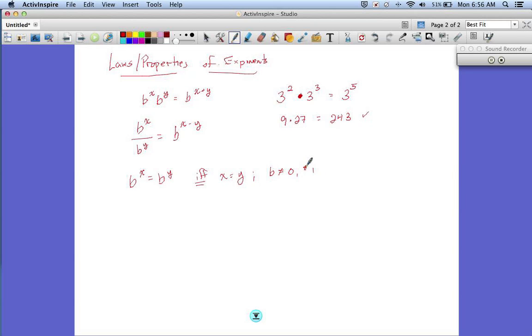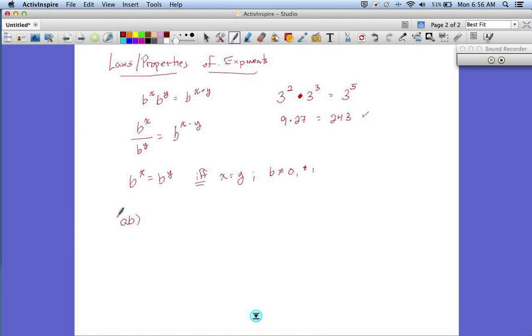If we have 0 to the power, that's 0, so that doesn't help us any. 0 to the 5th equals 0 to the 4th, so x is not equal to y. So b cannot be 0. If it's 1, 1 squared and 1 cubed are the same also, so again, that's irrelevant. And -1 squared and -1 to the 4th, right? Raise a negative to an even power, you're going to get the positive. So again, that's not going to be true. So 3 little caveats to that.